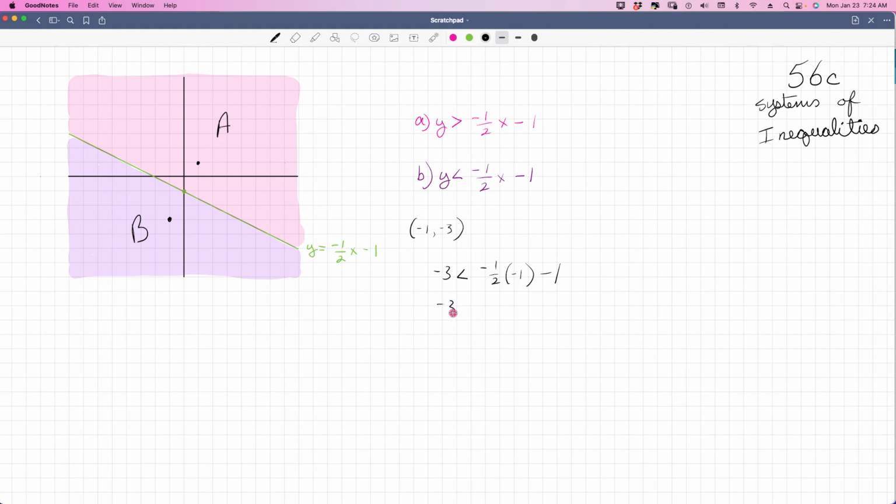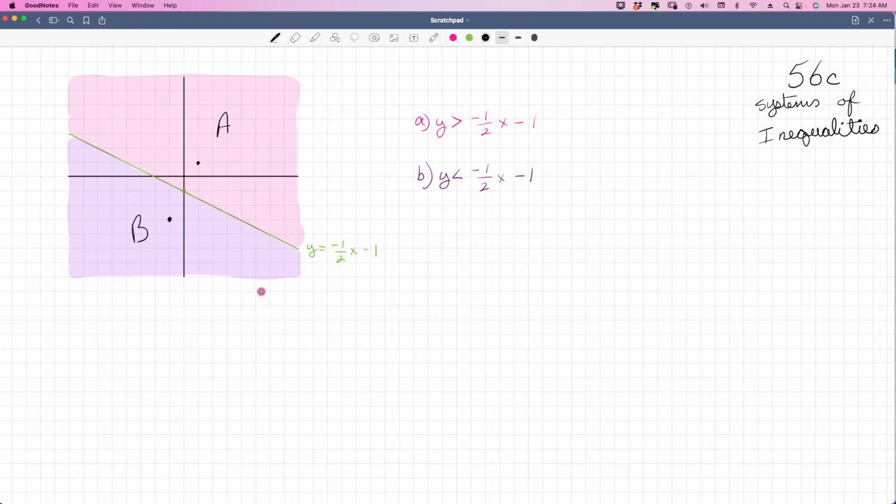So negative 3 is less than a positive 1/2 minus 1, which is negative 3 is less than negative 1/2, which is true. Negative 3 is less than negative 1/2 because it's to the left on the number line. So we were able to just pick points and prove them.